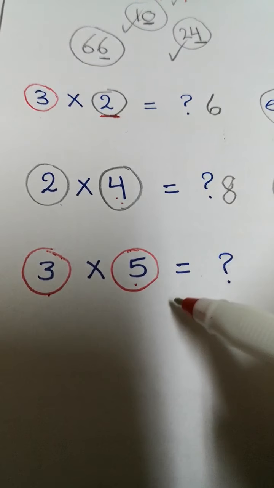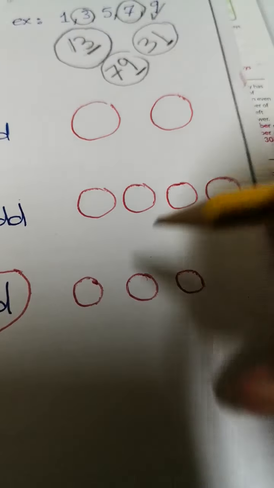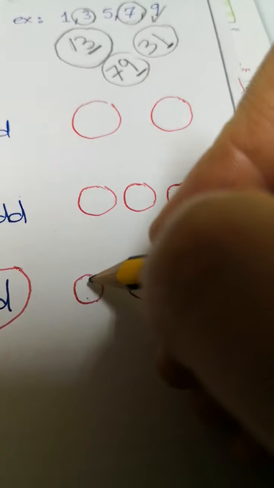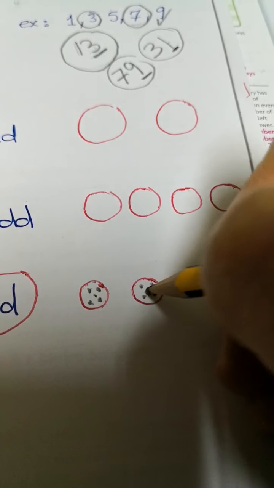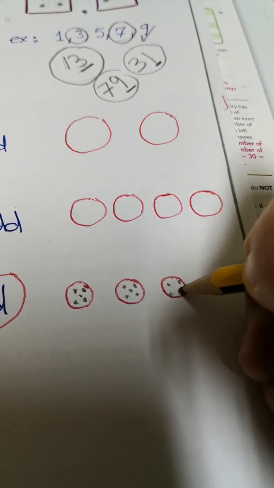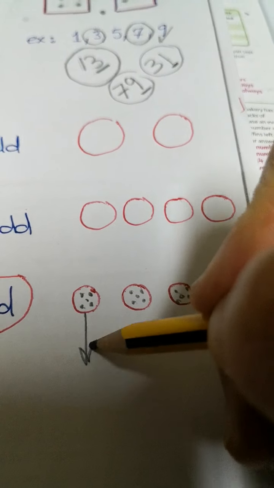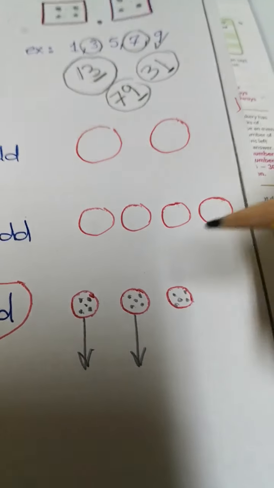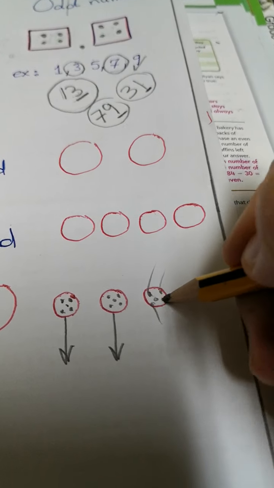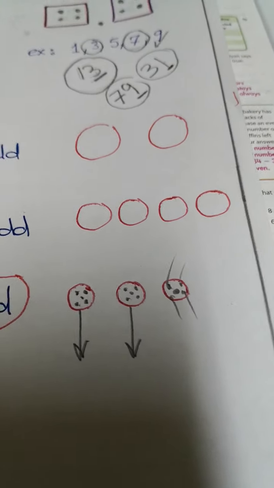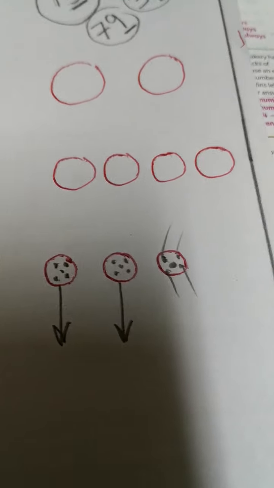So I have 3 groups, and each group has 5. 1, 2, 3, 4, 5. 1, 2, 3, 4, 5. 1, 2, 3, 4, 5. I want to divide them equally. 1 group for Sarah, 1 group for Emil. Here the 5, 2 for Sarah, 2 for Emil, and I have 1 extra or 1 left over. So my product is an odd number.